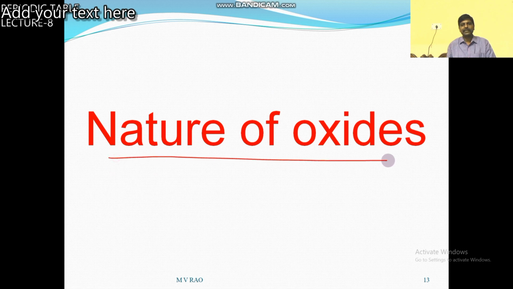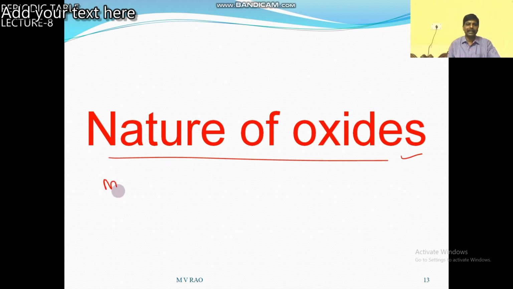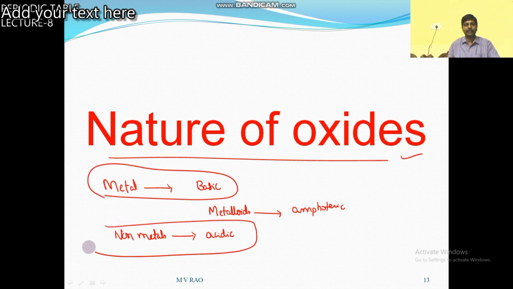Our next topic is nature of oxides. Generally, oxides of metals are basic, oxides of non-metals are acidic, and oxides of metalloids are amphoteric.